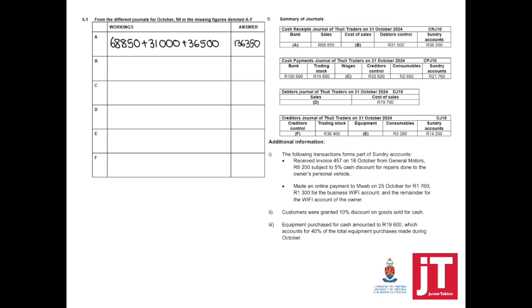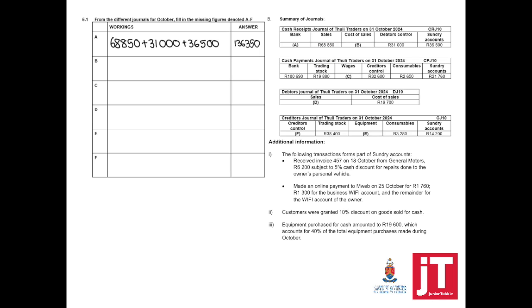But now we need to read the additional information. Customers were granted 10% discount on goods sold for cash. And that information is very important, because when you calculate the cost of sales, it is always calculated on the original selling price. So this is after 10% discount has been given.